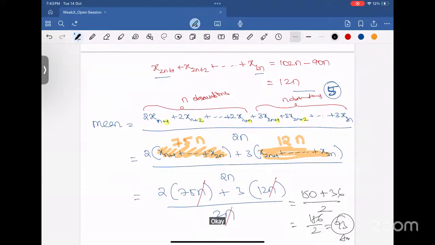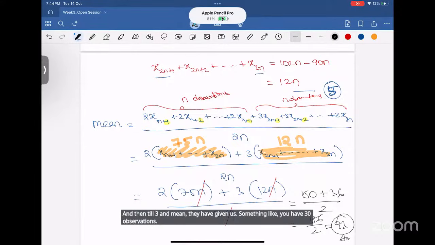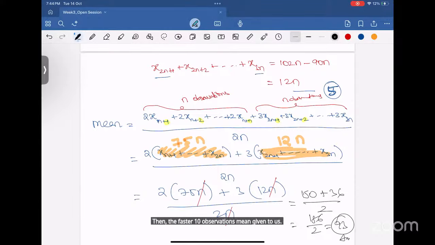So basically the whole total data points are split into 3 groups. First n mean they have given us. Next till 2n mean they have given us. And then till 3n mean they have given us. Something like you have 30 observations. Then the first 10 observations mean is given to us.